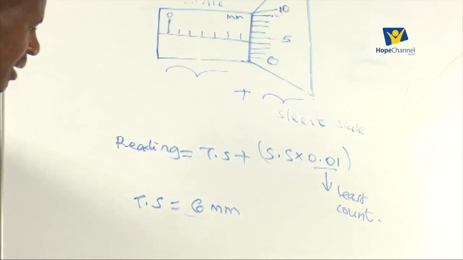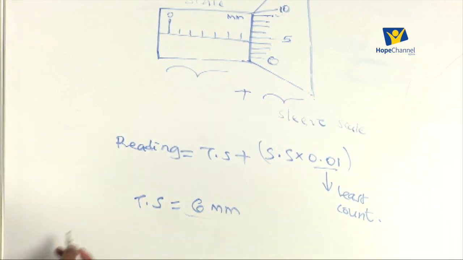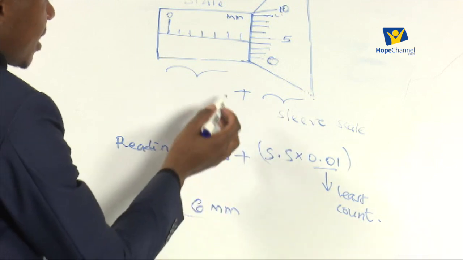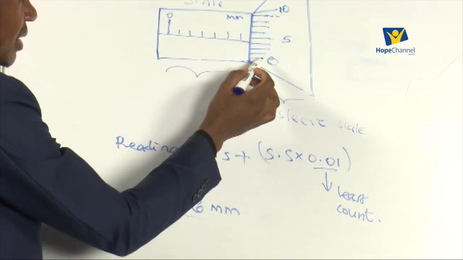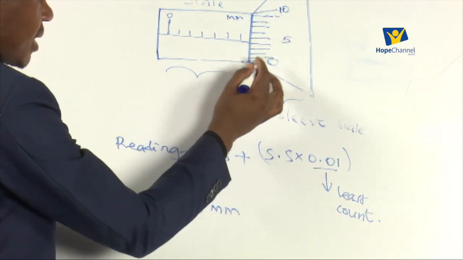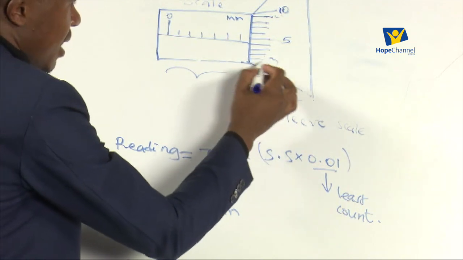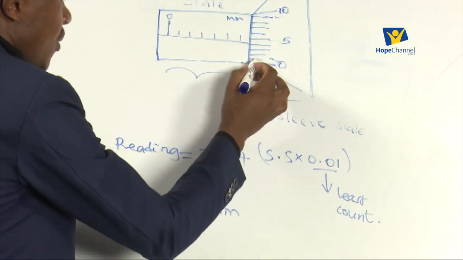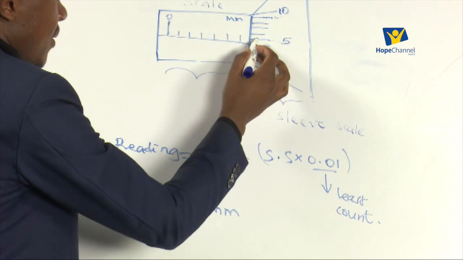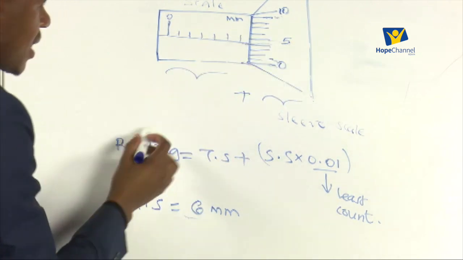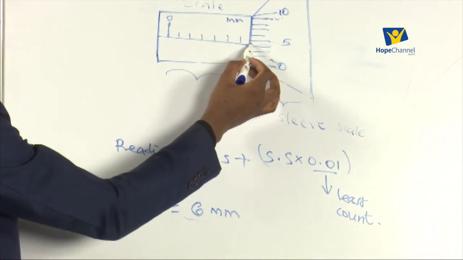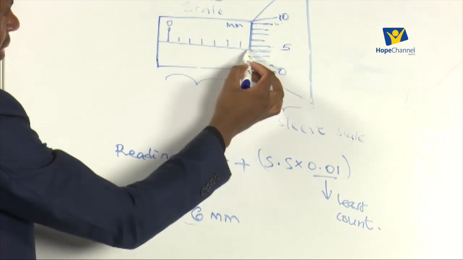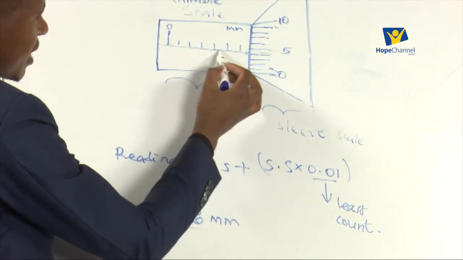When it comes to the sleeve scale, this one we do slightly differently. Let me have my 0 down here. So this is 0. We have 1, 2, 3, 4, 5. For the sleeve scale, we look at the division which is coinciding exactly with the horizontal line of the thimble scale.